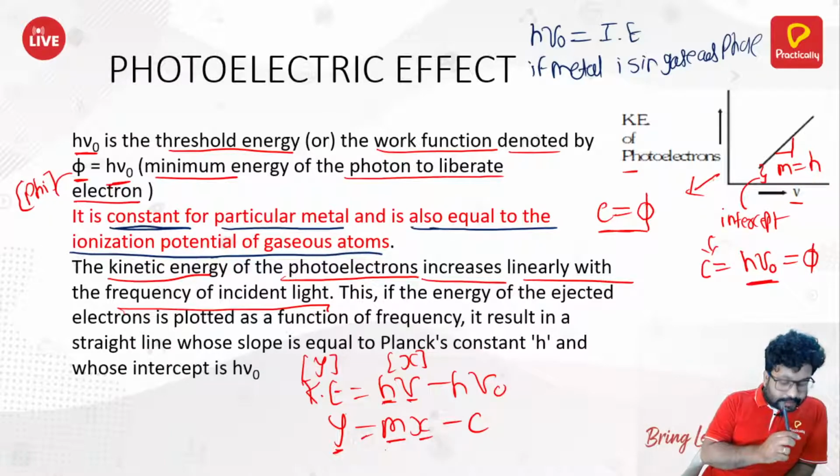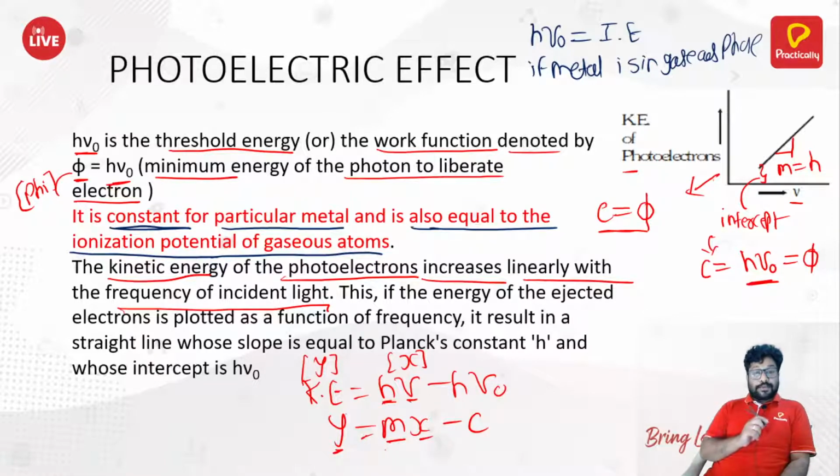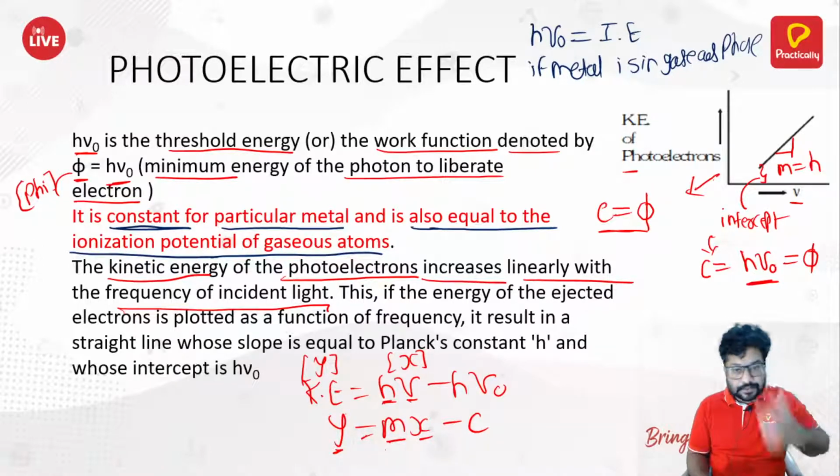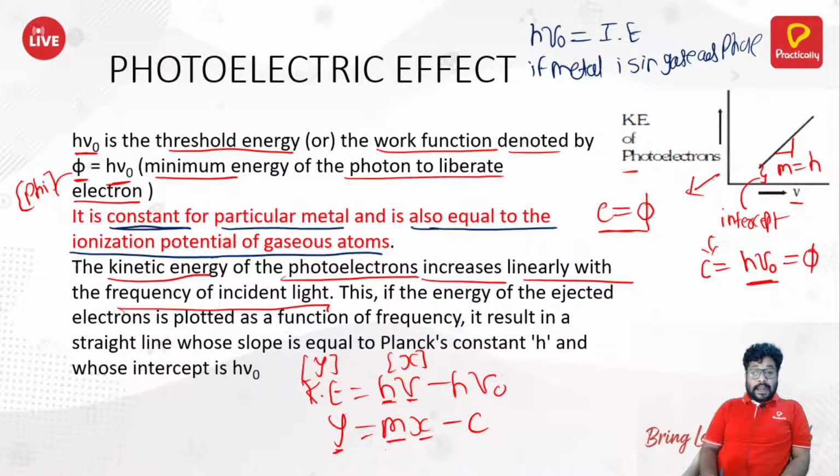If you increase the frequency of your radiation, then only the energy of photoelectron can increase. If you increase the intensity, the number of electrons ejected will increase, but the energy of those electrons would never ever increase. Okay? So the kinetic energy of photoelectron increases linearly with the frequency of incident light.